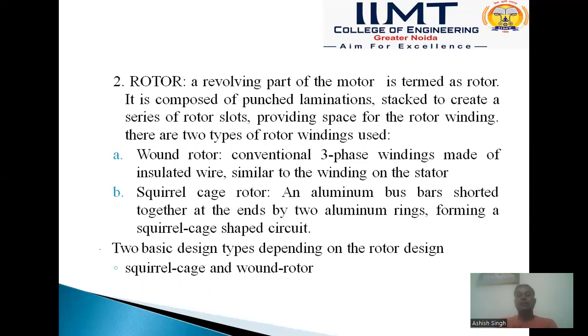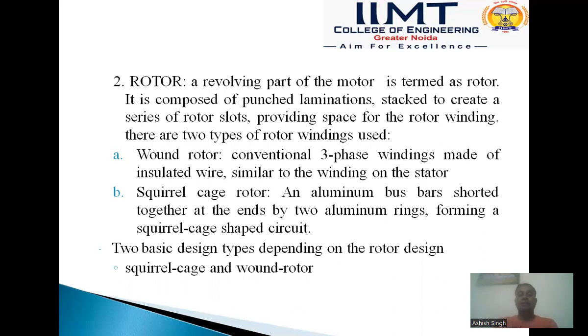The second one is the squirrel cage rotor. In this type of rotor, we place aluminum or copper bars in rotor slots, and these copper conductors or copper bus bars are short circuited with the help of end rings at both ends, which forms a squirrel cage shaped circuit.